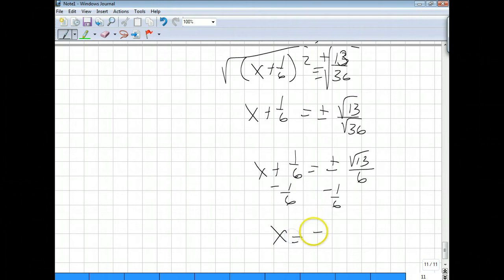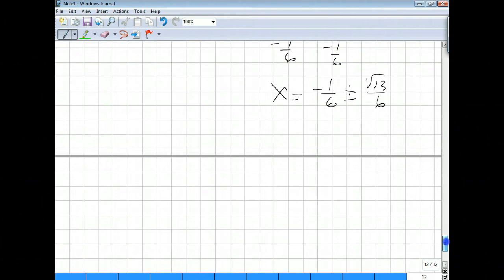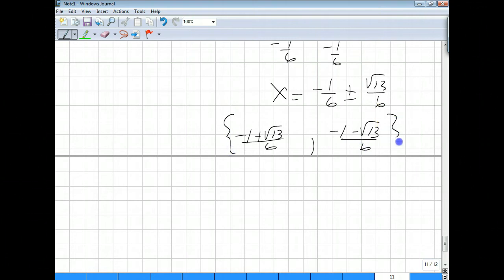So x equals negative 1/6 plus or minus square root of 13 over 6. So my solution is (negative 1 plus square root 13) over 6. That's 1 answer. The other answer is (negative 1 minus square root 13) over 6. Those are my two solutions. Right, let's do one more.